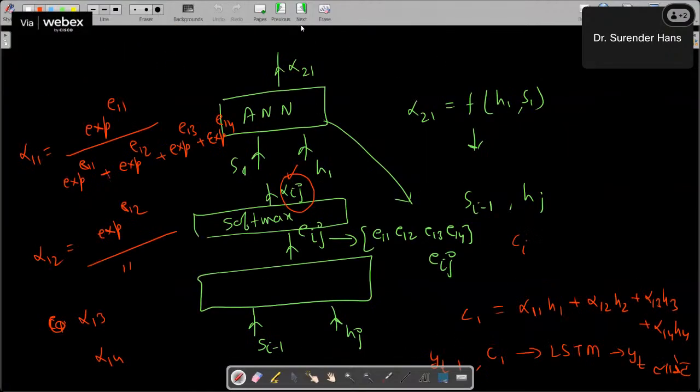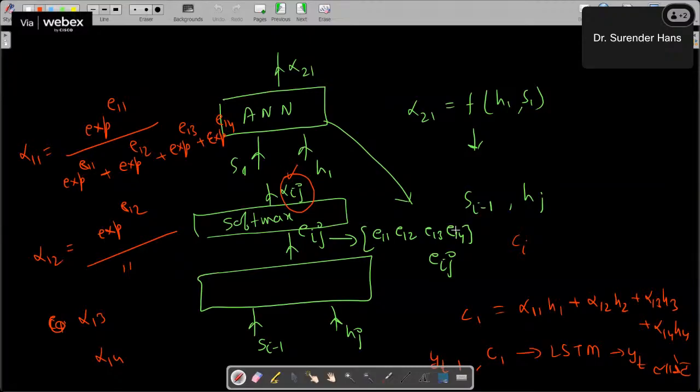All of this that we have covered is a one feed forward neural network, just this function, where alpha i is a function of xj and s(i-1). Here we have to change the architecture of the decoder a little bit, because the encoder part is over once it generates the context vector, so that the decoder can generate the contextual word.